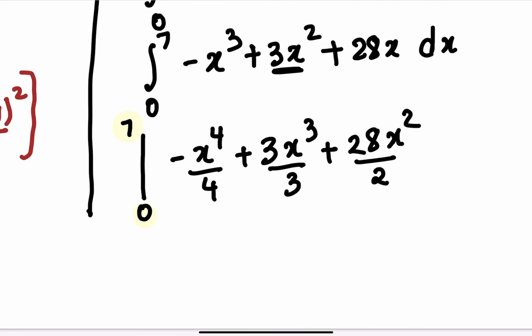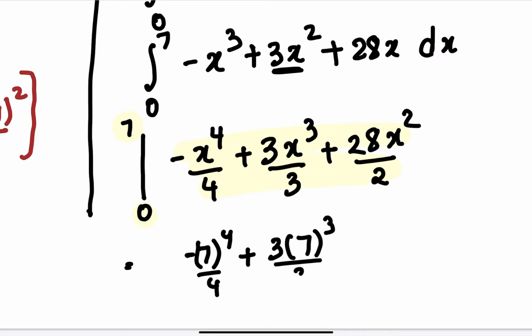As we've seen before, I don't have to plug in a 0 because this whole thing becomes 0. So I'm only going to plug in my 7 here. When I plug in my 7, this is going to be negative 7 to the power 4 over 4 plus 3 times 7 cubed over 3. Now you might say, Miss, why don't you cancel the 3? You can. I am just trying to keep it as simple as possible.